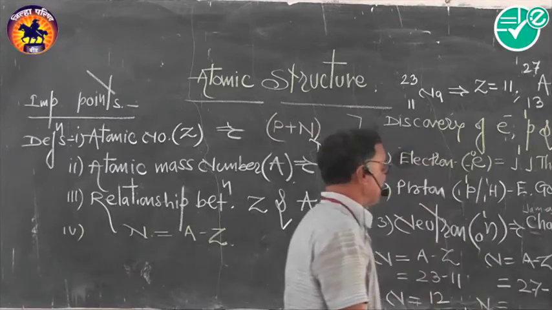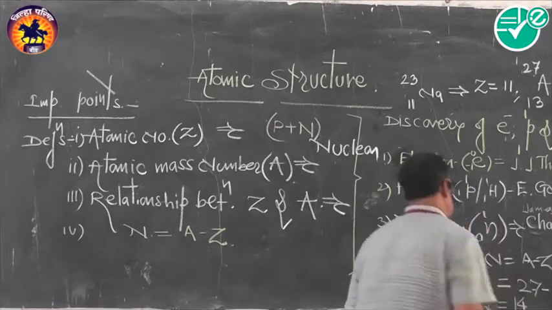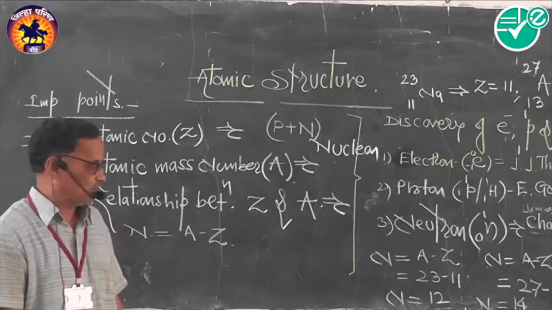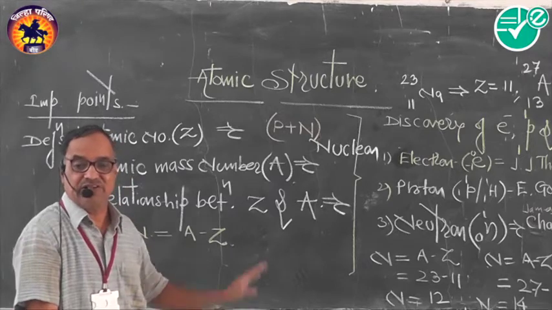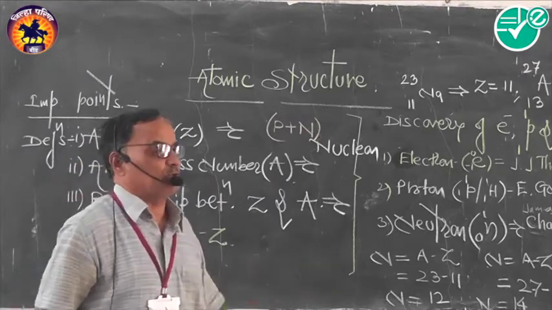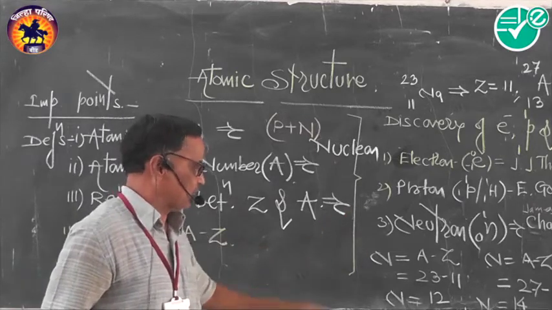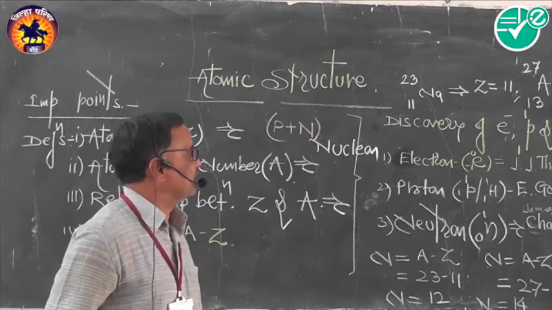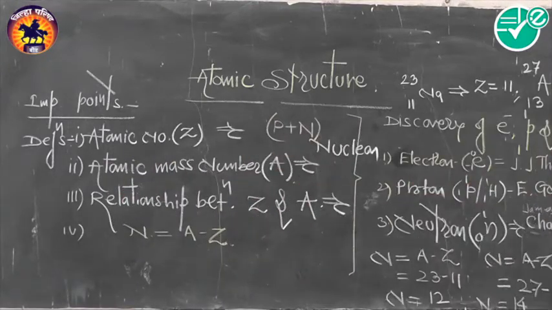Therefore, 27 minus 13 is equal to 14, so N is equal to 14. The number of neutrons present in the nucleus of aluminium is 14. The number of protons is 13 and the number of neutrons is 14. This is all about the number of protons and neutrons in the case of aluminium and sodium.